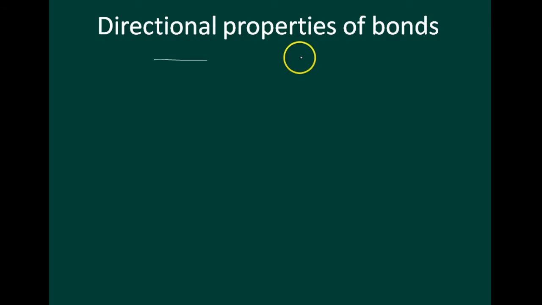Next, directional properties of the bonds. The covalent bond is formed by overlapping of atomic orbitals.